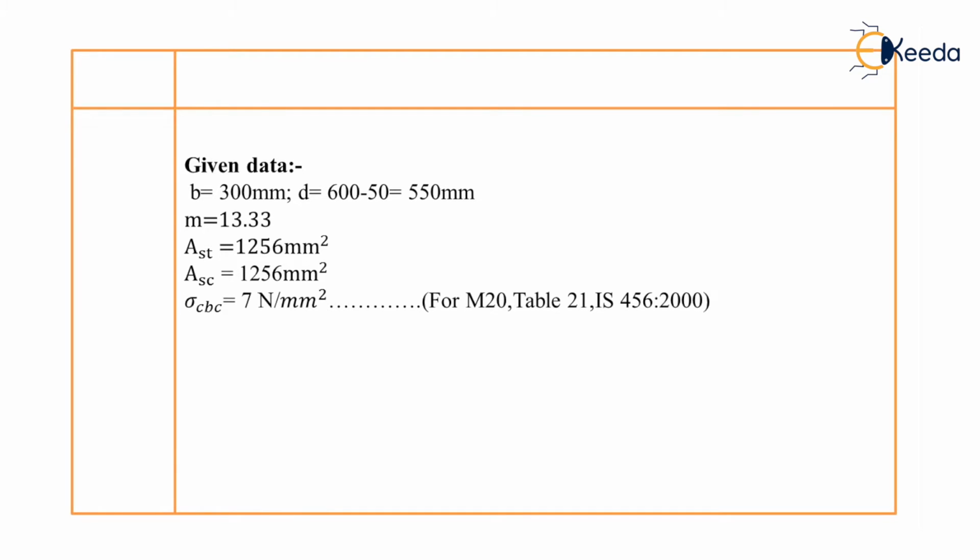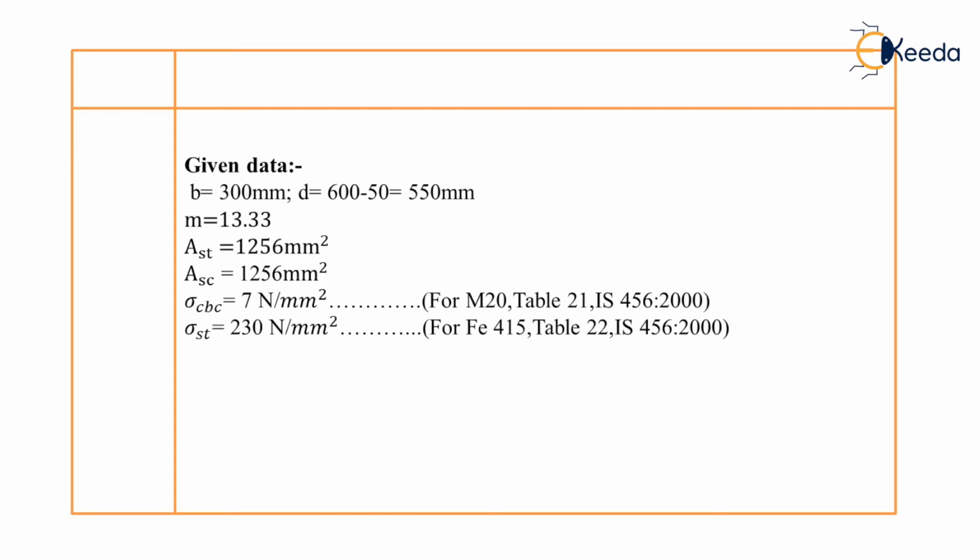From table number 21 of IS 456 2000, we can take the value of sigma CBC, which is equal to 7 Newton per mm square. Similarly, for Fe415 steel, from table number 22 of IS 456 2000, the value for sigma ST is equal to 230 Newton per mm square.